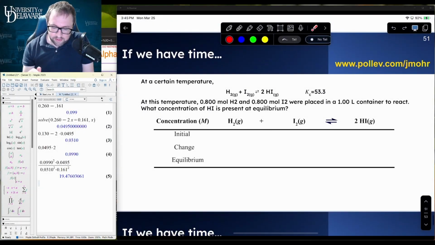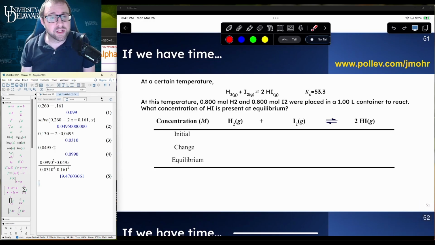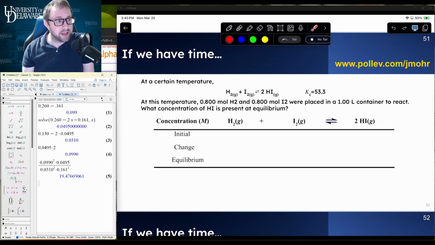All right. So this is the other example question I wanted to go over. If we have time, this is another variant of this harder method that we did. This one's a quadratic equation variant. I'm not going to ask us to solve quadratic equations. Honestly, if it pops up, I would still go through Wolfram Alpha.